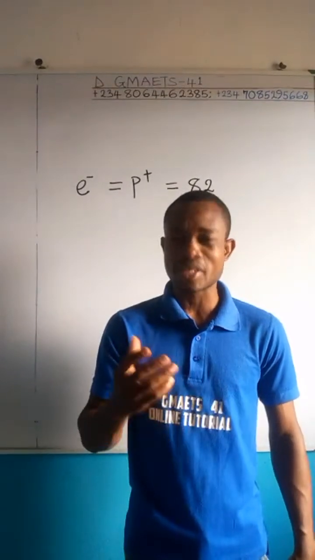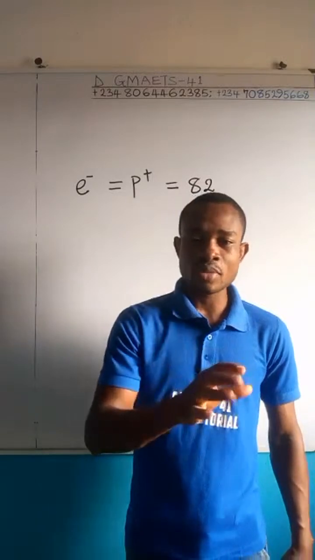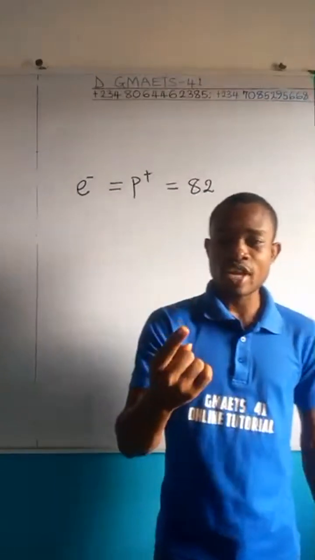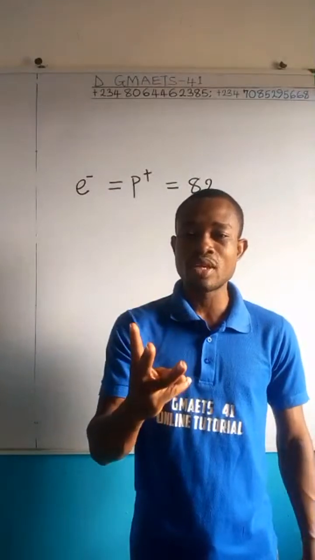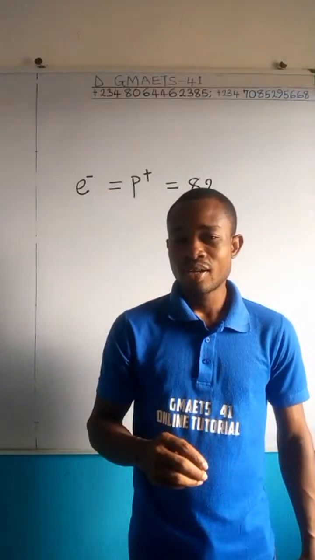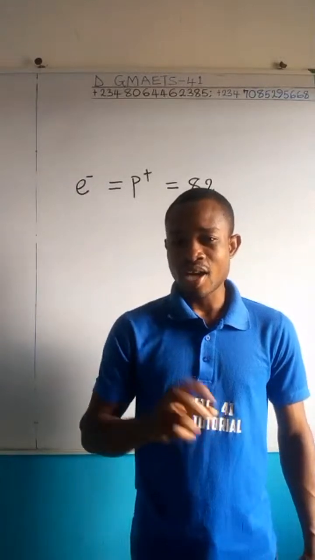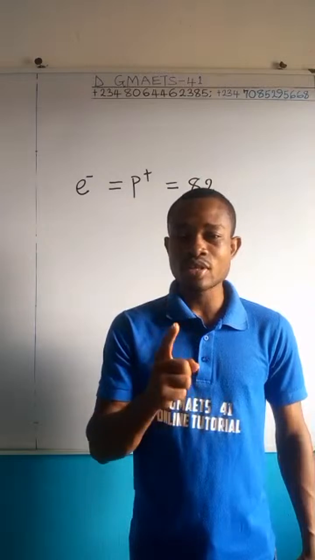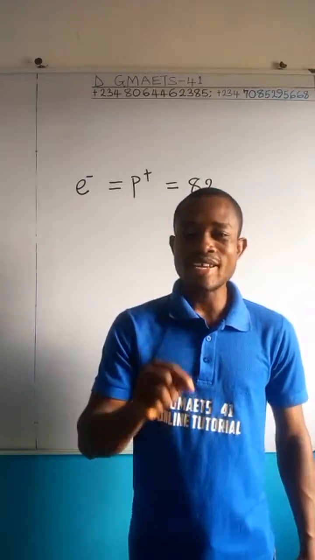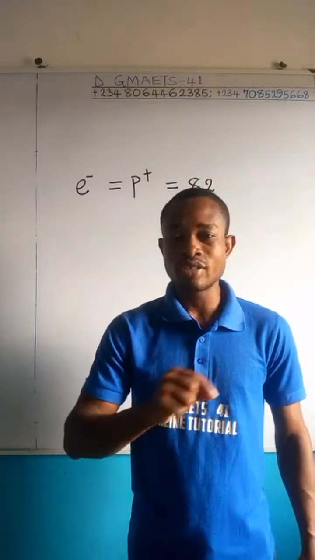So in conclusion, we are saying that as long as an atom has not reacted, the number of electrons is equal to the number of protons, and that is equal to the atomic number. Now let me say this as a summary of this, right? Atomic number is always equal to proton number, whether the atom has reacted or not.